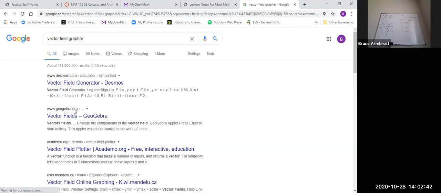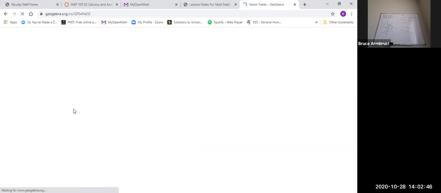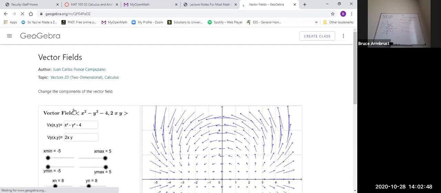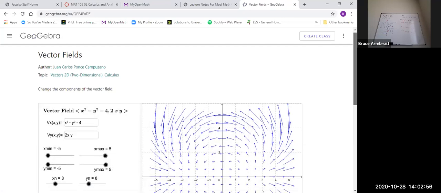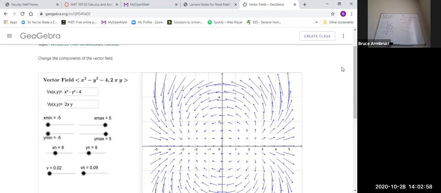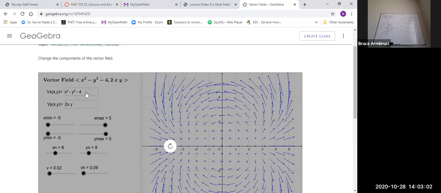You know, I always go to Desmos. Let's see what GeoGebra gives us. I don't know if you've ever played around with GeoGebra, but it's a fun way to do geometry stuff online. But anyway, so here we go. So you'll notice that we've got a vector field.